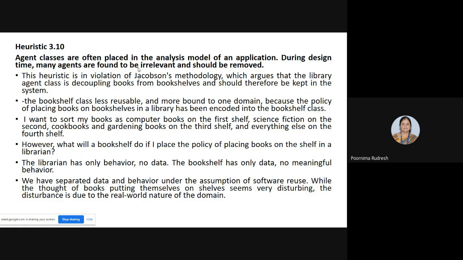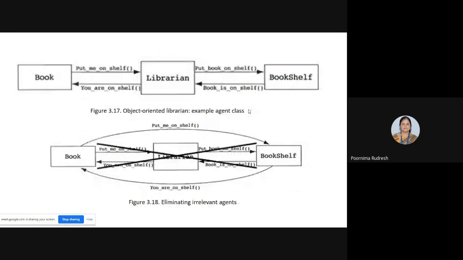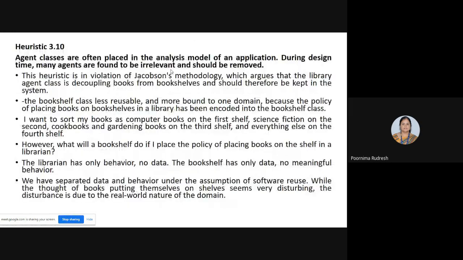This heuristic is in violation of the Jacobson methodology, where the Jacobson methodology argues that the library agent class is decoupling books from bookshelves and should therefore be kept in the system. See here in this design, some developers argued that they need the agent class. It decouples the books from bookshelves and therefore the agent class, that is the library, is needed.